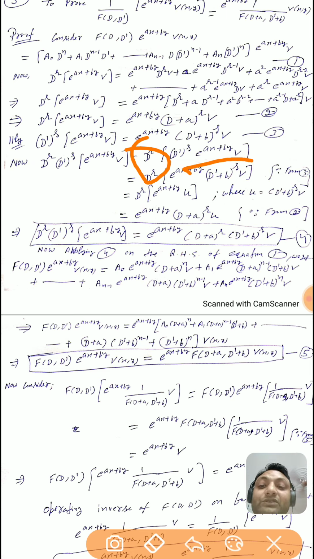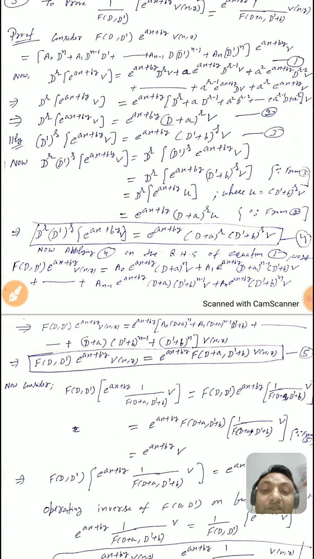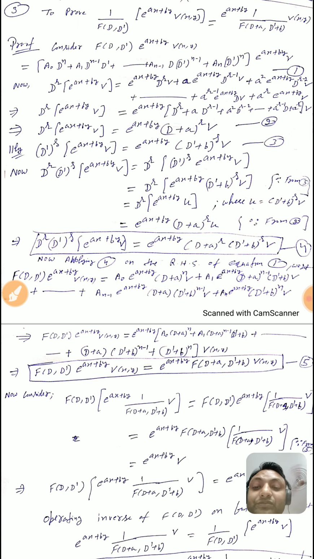As we have seen in equation 3, we substitute the value of d dash power s operating on e power ax plus by into v. We substituted the value and we get this result.